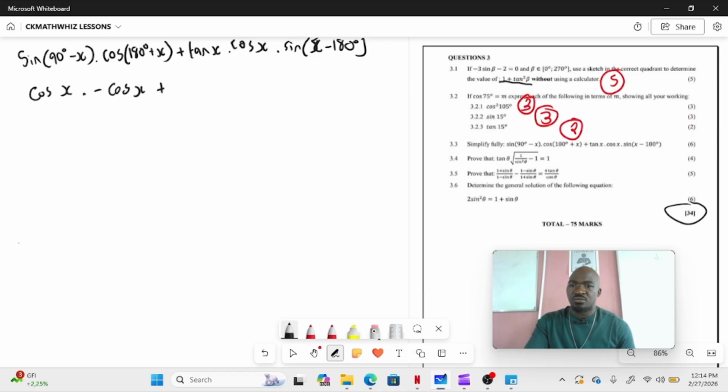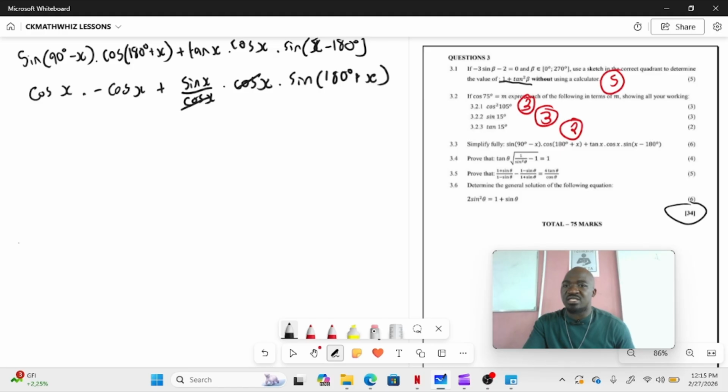Plus, you can change tan to sine x over cos x, times cos x, so that we can cancel this cos x. The sine is now going to change to sine 180 degrees plus x. Then we can cancel these two.